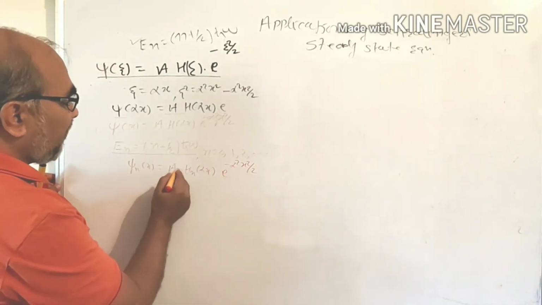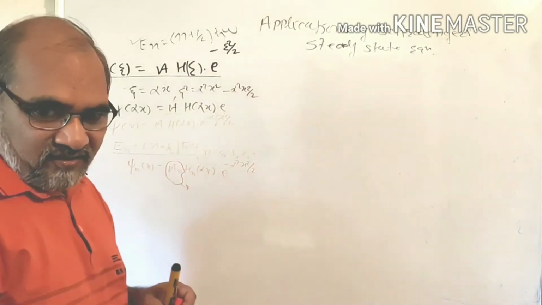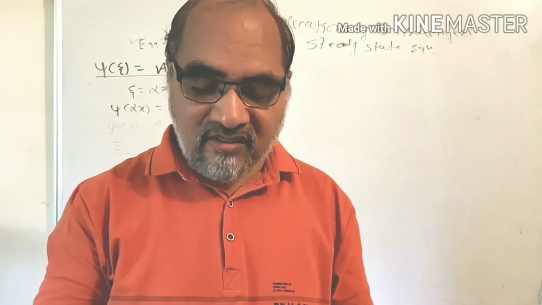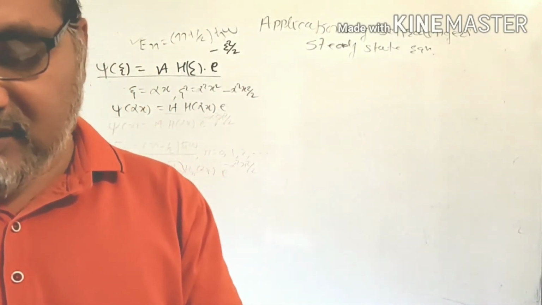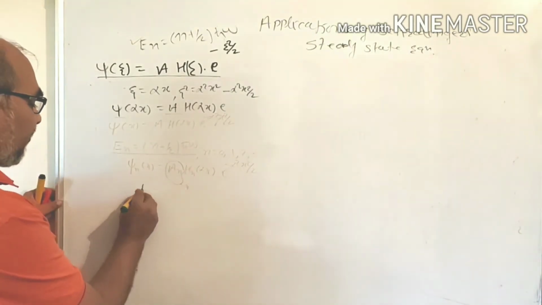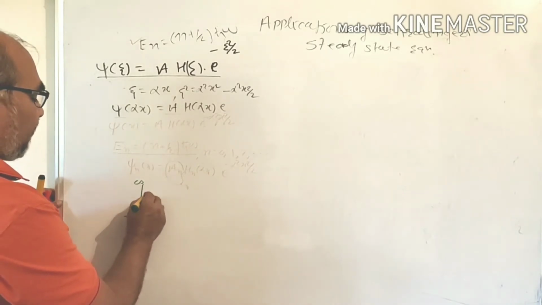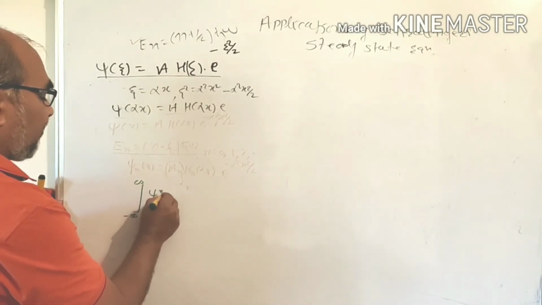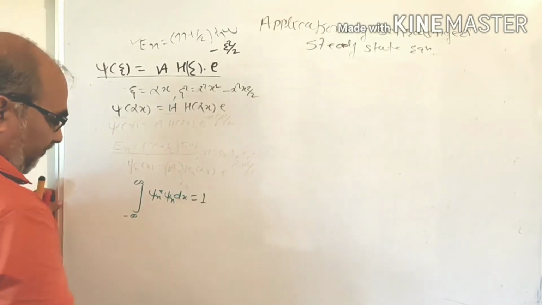Here An is nothing but a normalization constant, and this normalization constant can be found using our regular method, that is the integration from minus infinity to infinity of psi n star psi n dx is equal to 1.